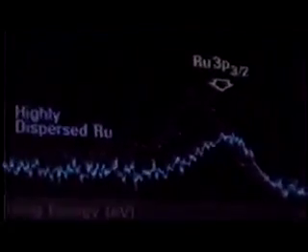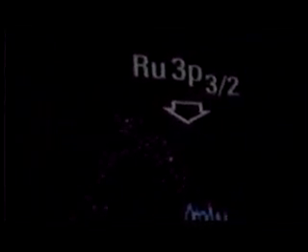The other set of experiments we did: in EXAFS we probed the S electrons of the highly dispersed ruthenium. With X-ray photoelectron spectroscopy, we probed the P electrons of the ruthenium, and we compared the electronic state of the ruthenium by using X-ray photoelectron spectroscopy. Now, the two catalysts that we're looking at were in situ reduced and then analyzed by XPS in the same chamber.